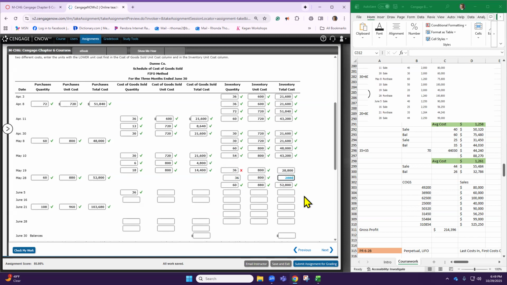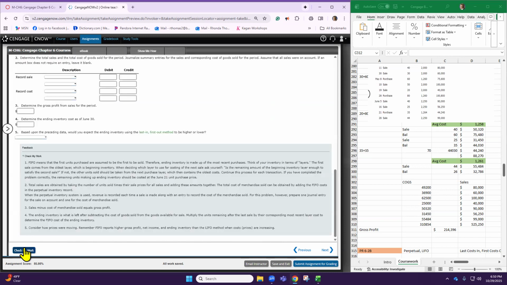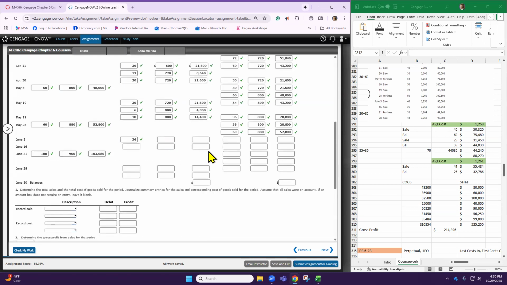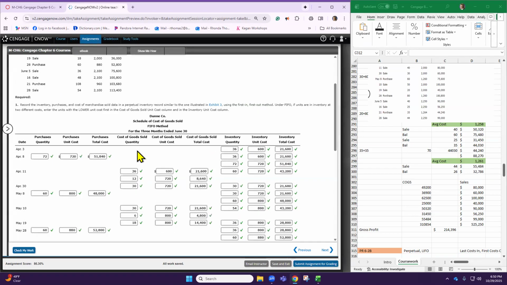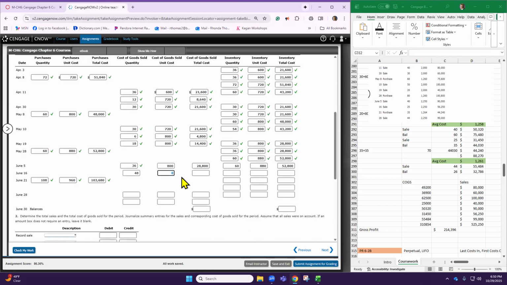So we just simply repeat that. There we go. That's much better. All right, and now here goes all those 36. So exactly, we have exactly 60 remaining of the $880 cost after that. And then we're going to make a sale on the 16th of 48 at the $880. So 48 times $880 is $42,240.